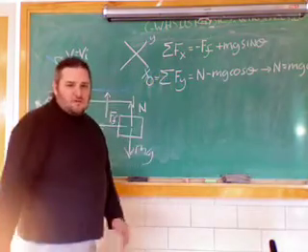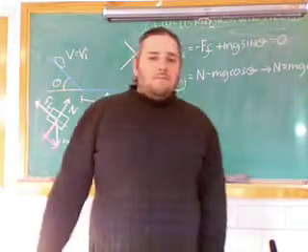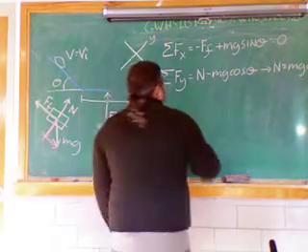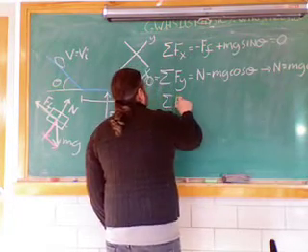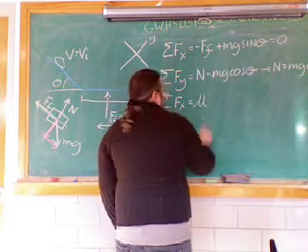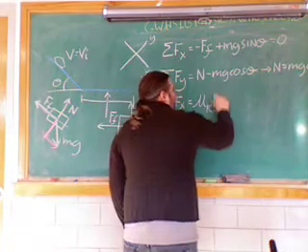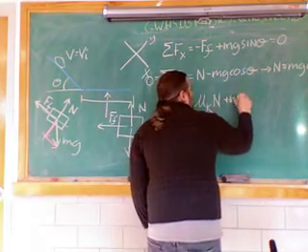Okay? Now, force of friction is equal to the coefficient times the normal, plus mg sine theta. Okay?